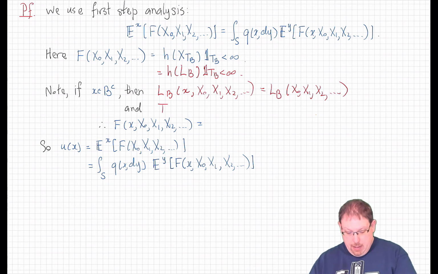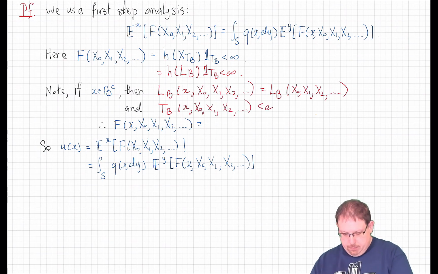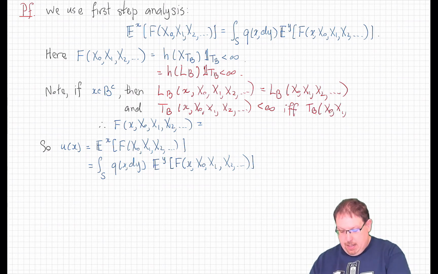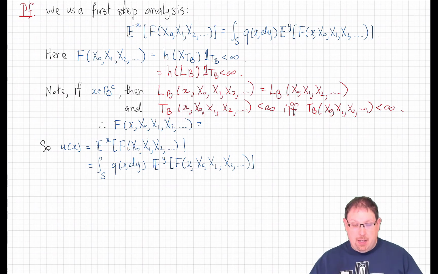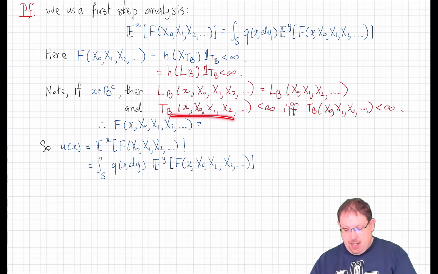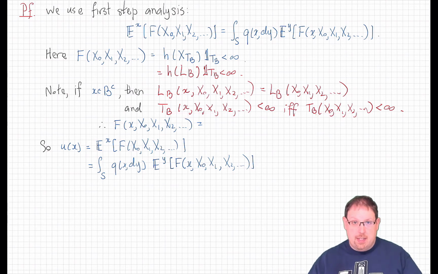Also, if we start the path at x and then ask whether we ever hit B, that's the same thing as starting the path one step later and asking whether we ever hit B. If this is infinite, we can't make it finite by starting one step later, whereas if this is finite, then this is going to be one step sooner and is still finite.